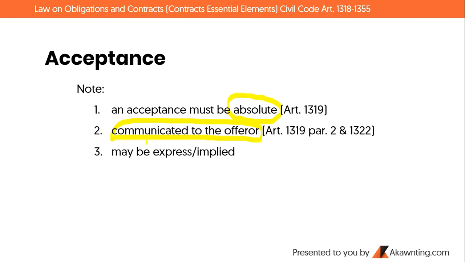Sinabi niya na lahat ng information. Sabi pa rin ni buyer, oh sige, bilhin ko na. At that moment, nalaman na agad ng offerer, di ba? So, okay na yun. Nagkakaroon tayo ng consent doon sa instance na yun.